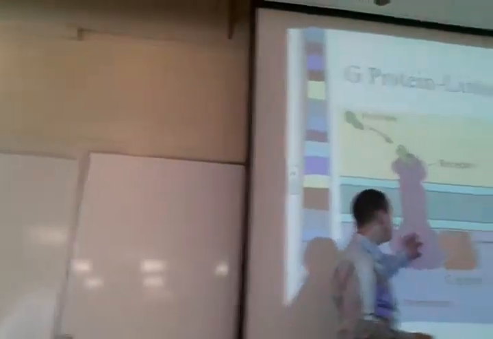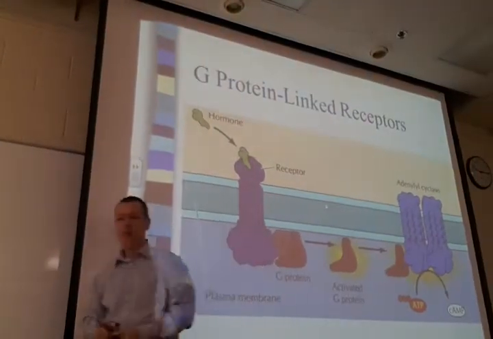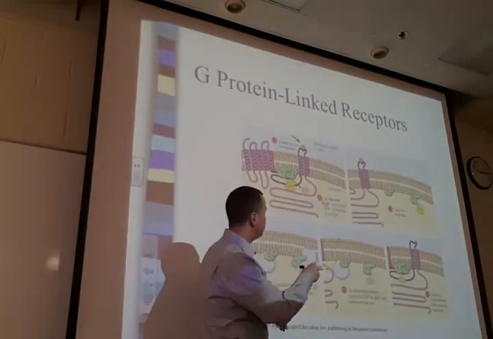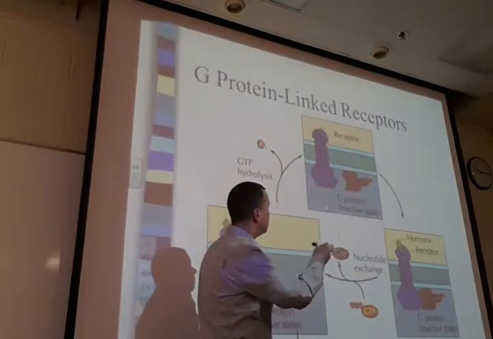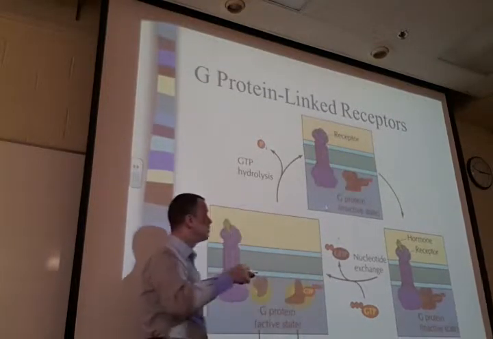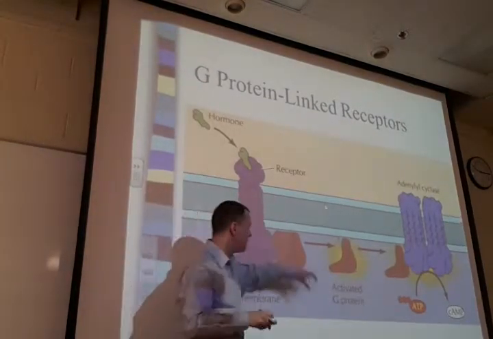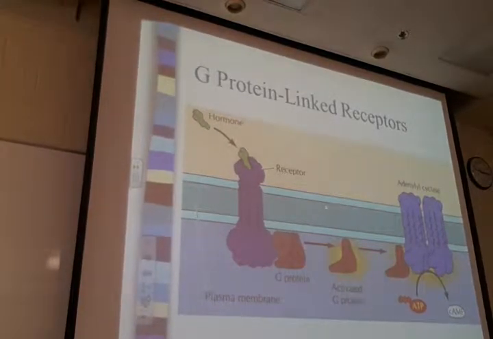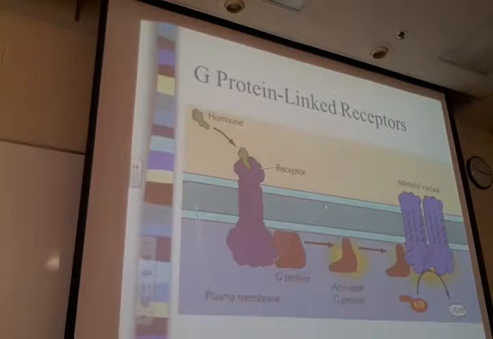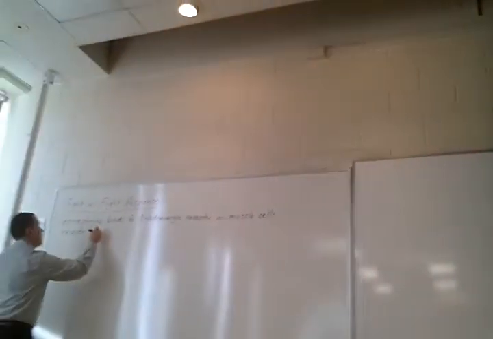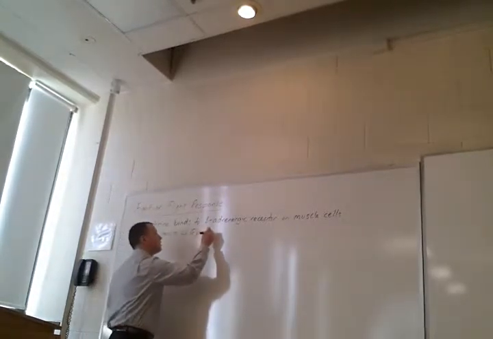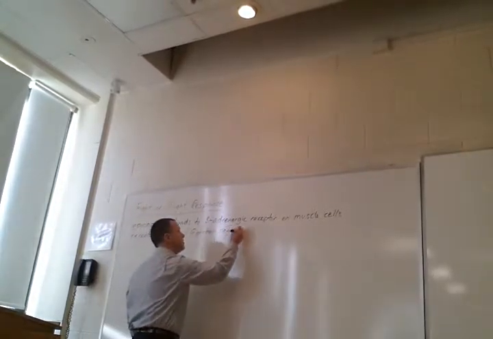That again will slightly change the shape of the receptor so that it can interact with the G protein, and that interaction, as we've seen, go back to the pictures, causes nucleotide exchange. I'm just kind of summarizing that here. So the receptor interacts with G protein, causing nucleotide exchange.